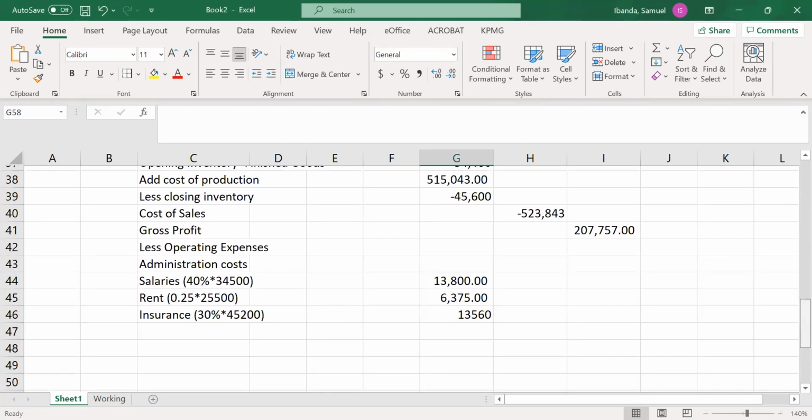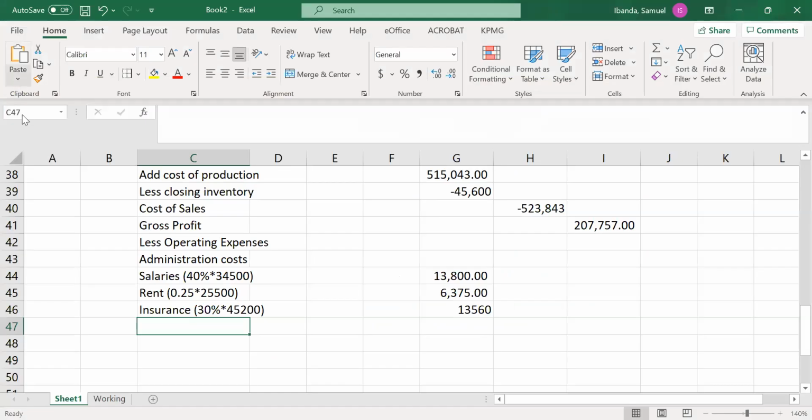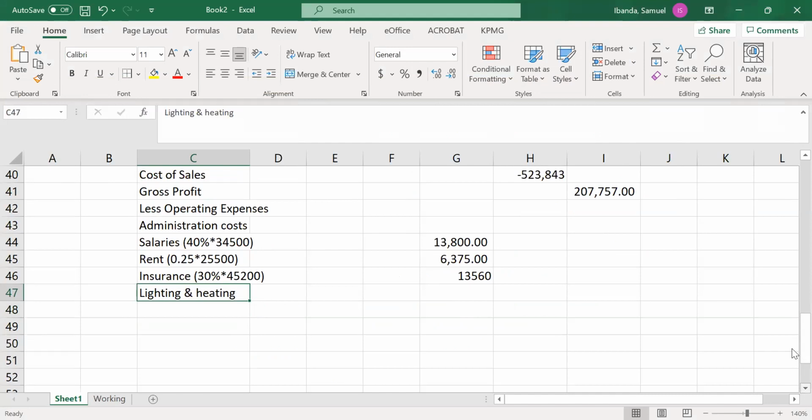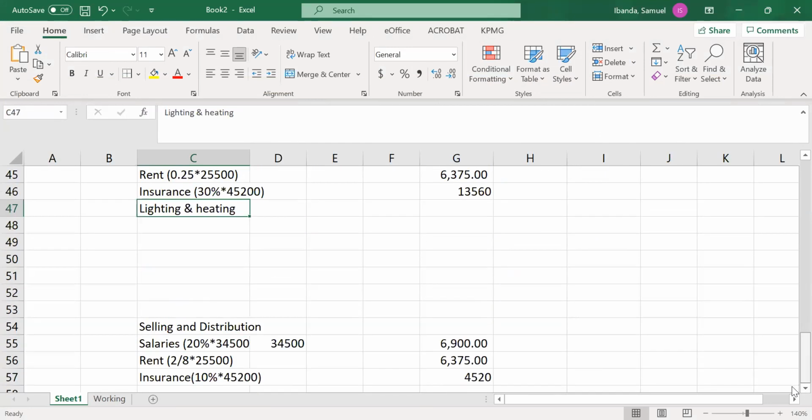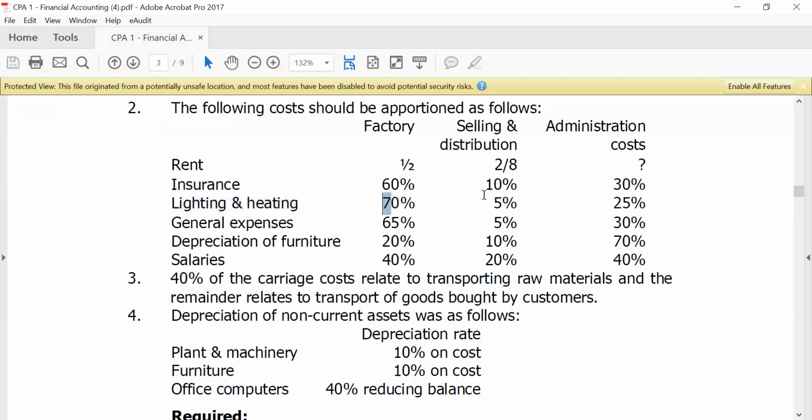After that, let me look at another expense that has been provided. This is a very common thing with these numbers. They have a lot of distribution. So I have lighting and heating. I have it here, and then I also have it under my selling and distribution. From here, you get to realize that this is 5% and this is 25%.